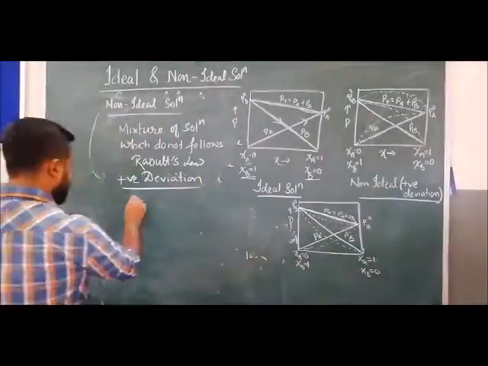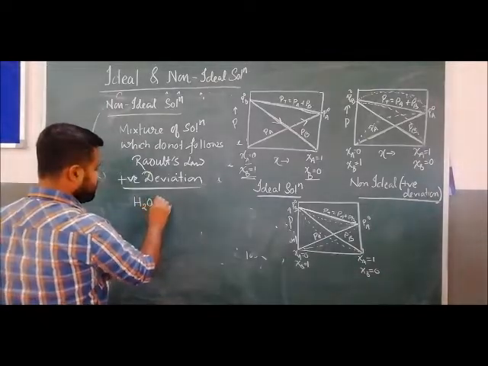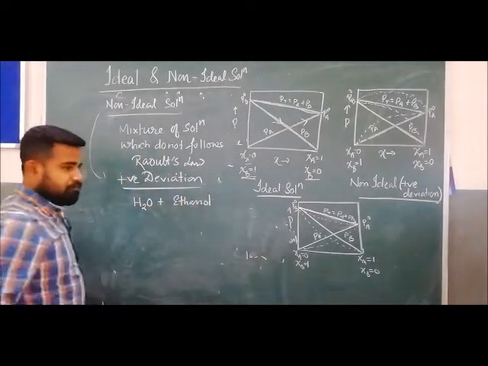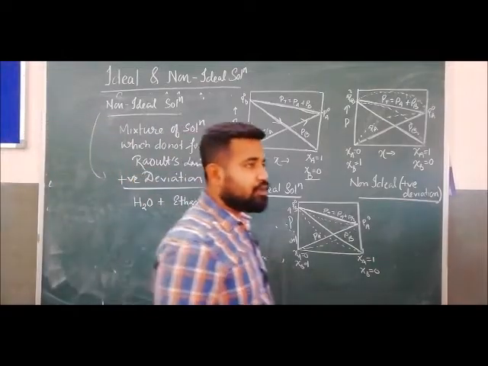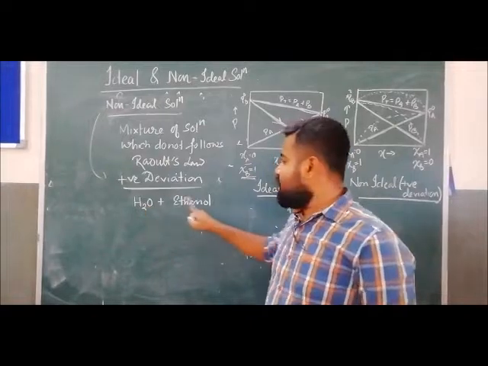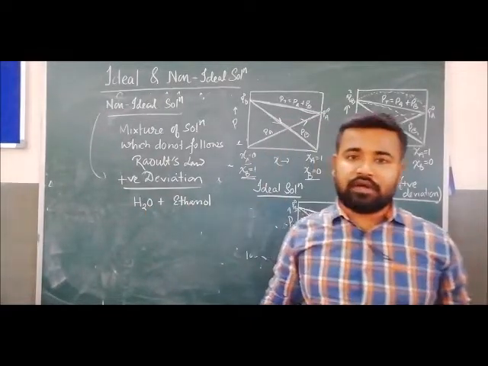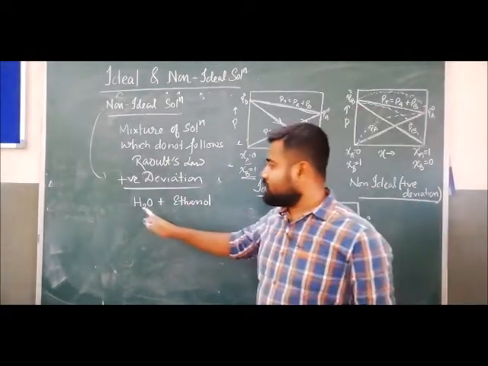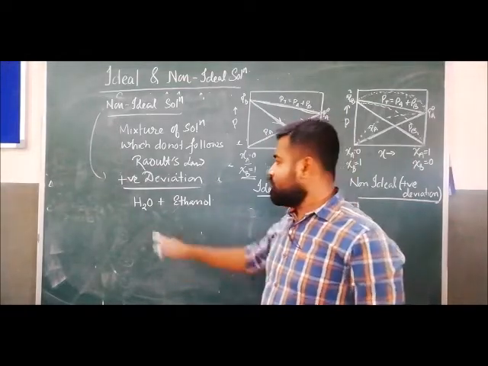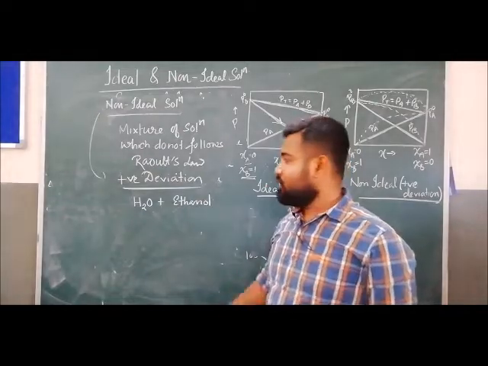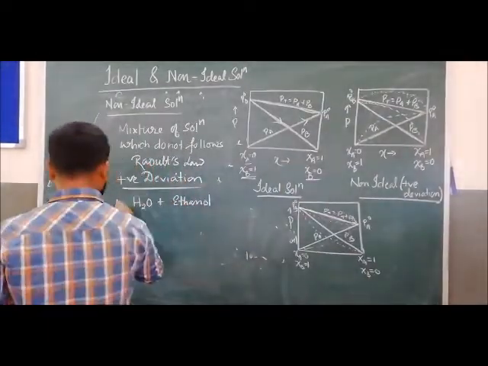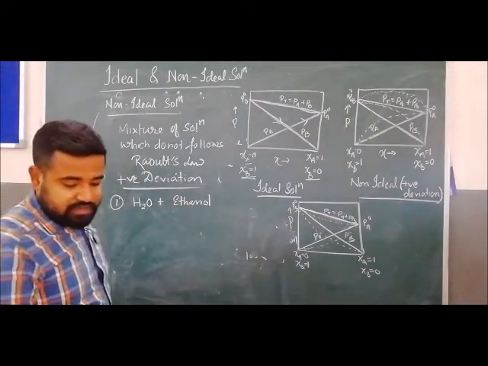First of all is water plus ethanol, because we know that in water there is an intermolecular hydrogen bond, and in ethanol also there is an intermolecular hydrogen bond. So this is the first example of positive deviation.